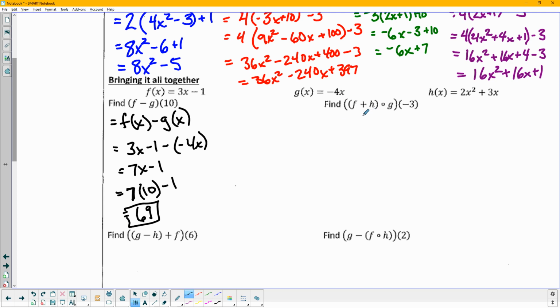Okay, the next one, a little bit tougher. I've got a couple things to do, and I do kind of want to go in order. So I'm going to start off by finding f of x plus h of x, and then I'm going to compose that with g. So let's look at f of x plus h of x. That's going to be 3x minus 1 plus 2x squared plus 3x.